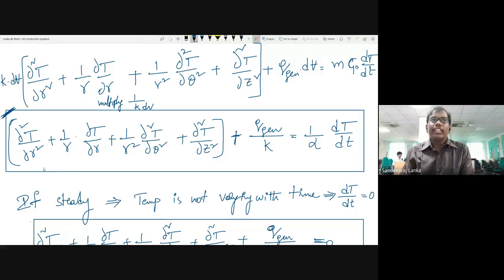So what varied is only this part. Only the conduction part varied. The remaining two parts did not vary. Why? Because this conduction part is hugely dependent on the geometry, whereas the other two do not depend on the geometry a lot. Even though this QGen depends on the geometry, we have neutralized its effect using the volume.